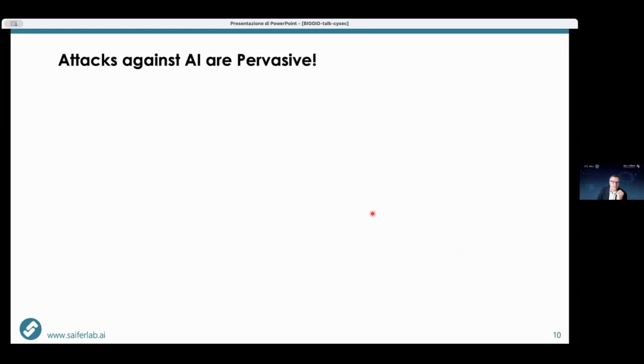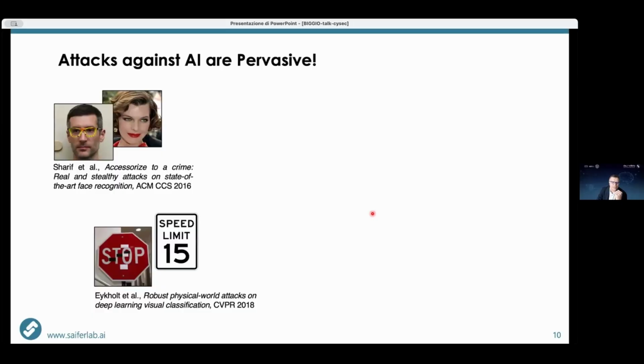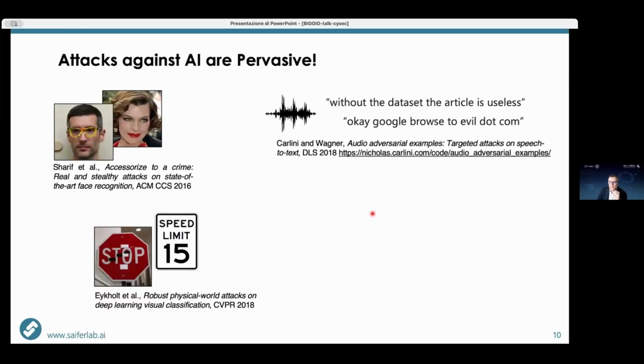And since then, these attacks have become pervasive, and we have had countless examples in different applications. Here you see some of the most famous ones. You can build these eyeglass frames to impersonate other users, or you can apply camouflage to traffic signs to have them misclassified as a different sign.